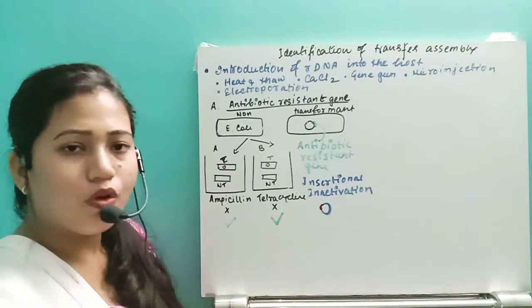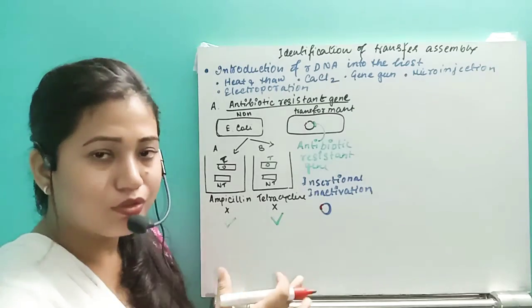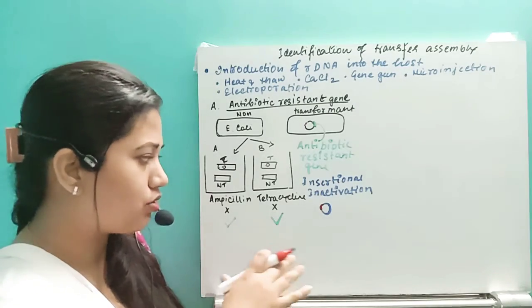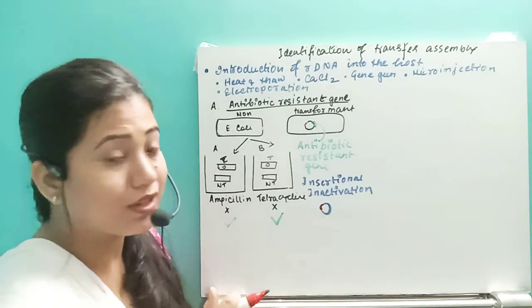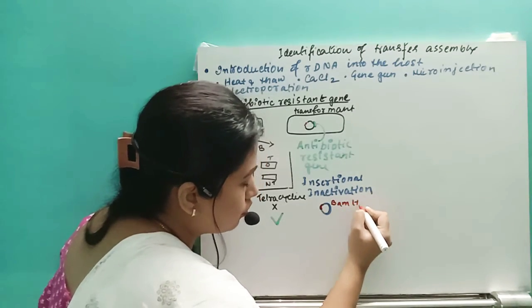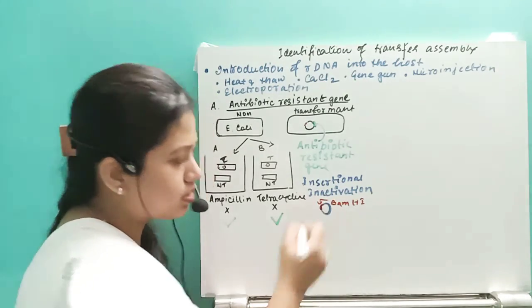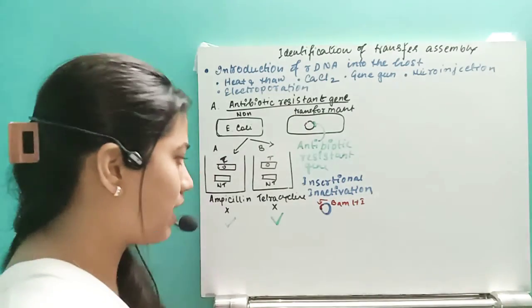Okay, so if the desired gene fragment is allowed to attach with the vector in the BamHI site, this is the BamHI site where our desired gene fragment is attached.